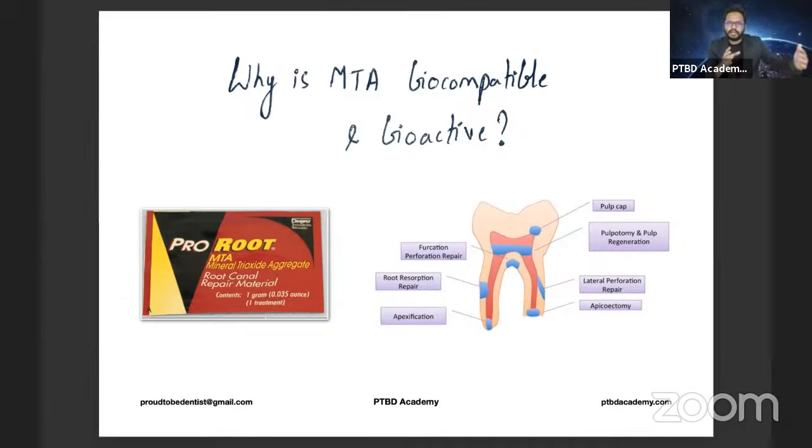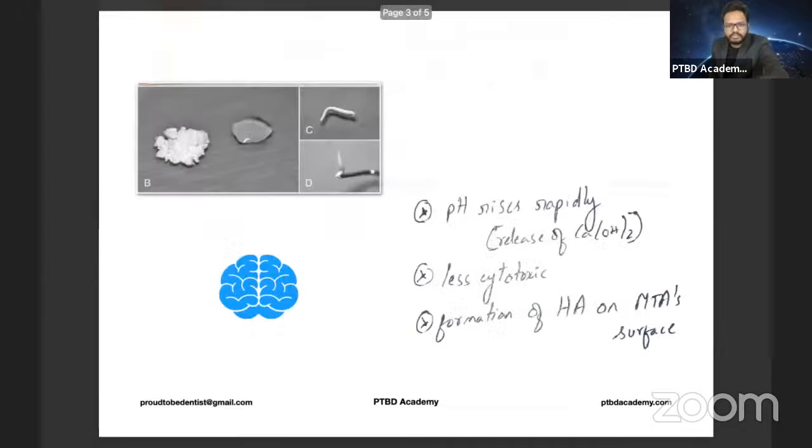We have so many bioactive materials available in the market today. Biodentine is one such, and there are still so many. The list goes on. So MTA is one of the bioactive materials. Consider this very, very important. So that's the reason why I mentioned here one of the in vitro studies where they said there is formation of hydroxyapatite on MTA's surface, which has greatest potential in terms of promoting repair as well as healing.